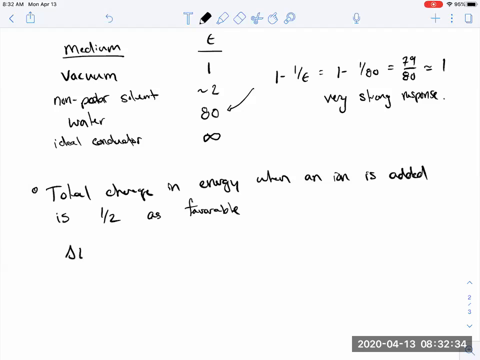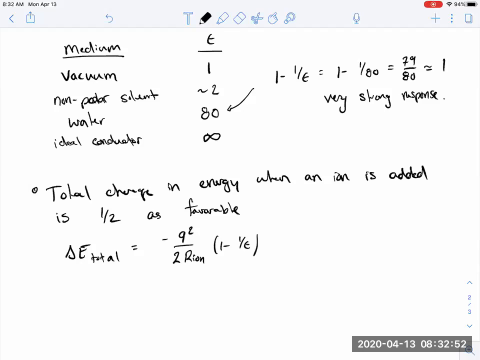So that is to say that the total change in energy is minus q squared over r ion, times 1 minus 1 over epsilon, times a factor of 1/2.